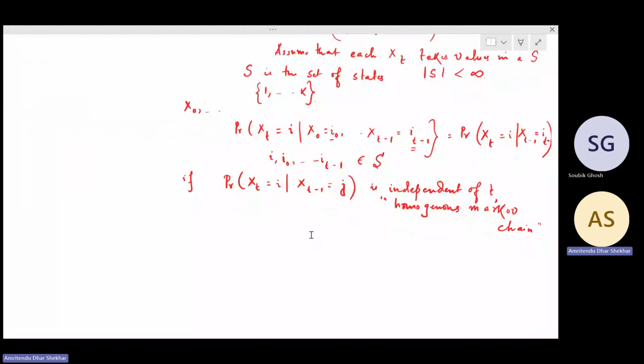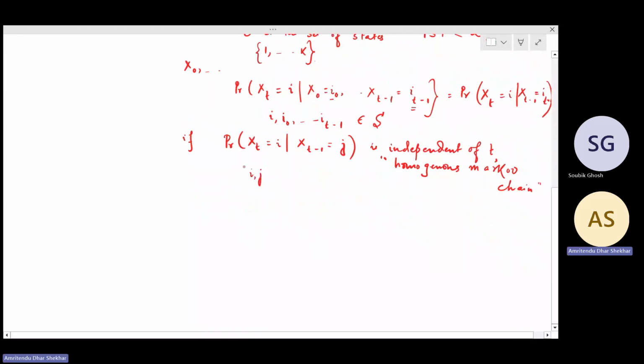So for i comma j, if you take some i comma j that belongs to S, you can form a matrix M where Mij, so M is basically a matrix whose dimensions are as follows.